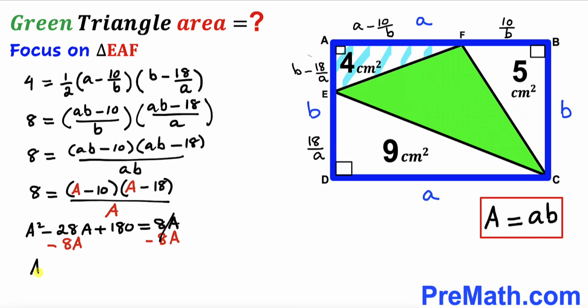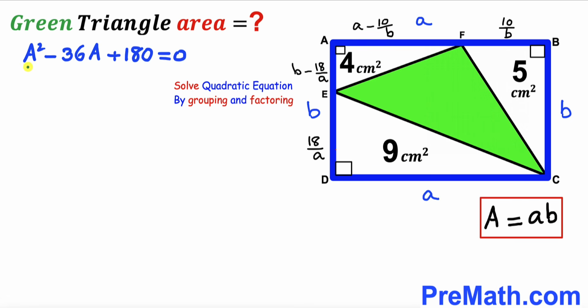So therefore uppercase A square minus 36 times A plus 180 turns out to be equal to 0. So thus we end up with this quadratic equation, A square minus 36 times A plus 180 equals 0. And we are going to solve this quadratic equation by grouping and factoring.